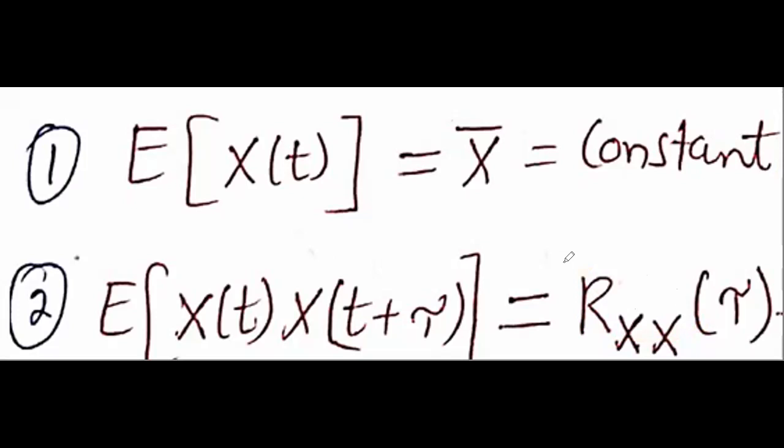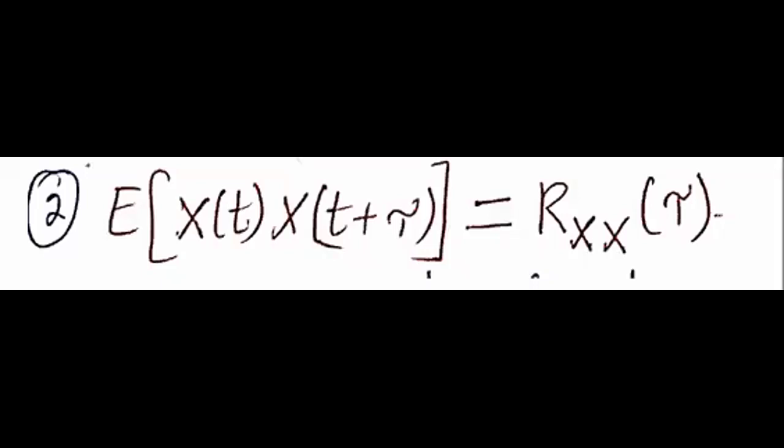So by seeing these two conditions, we are going to conclude that this wide sense stationary process is also a second order process, but it should satisfy these two conditions. What are the two conditions here? The first condition is that the expected value of this random process should be a constant value, and the autocorrelation function of the random process is independent of absolute time, right? So this is about wide sense stationary process.